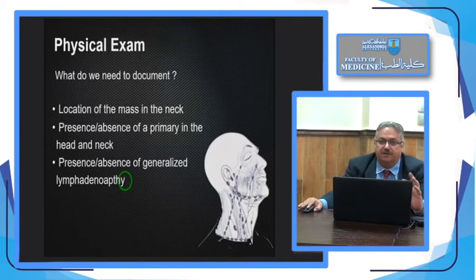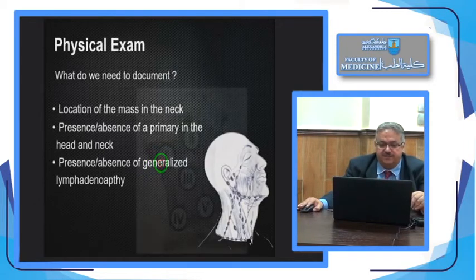Very good. So local examination of the head and neck to determine the location of the mass in the neck and if there is presence of a primary in the head and neck region, and you need to perform a general physical examination to detect the presence or absence of generalized lymphadenopathy.